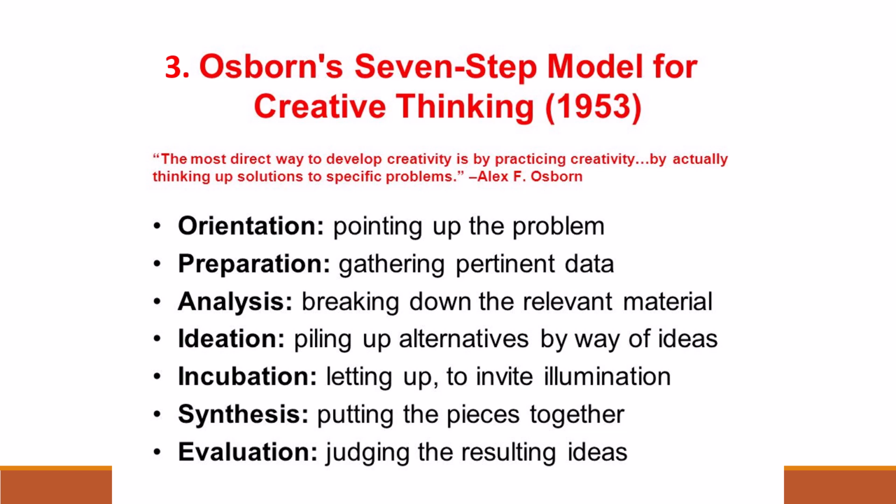Orientation more or less is similar to the previous. We will start with the problem. We need to figure out what the actual problem is, what is the real problem. Then we prepare the data in the problem scope. We try to figure out as much information as we can gather that is related to the problem. Then we analyze.